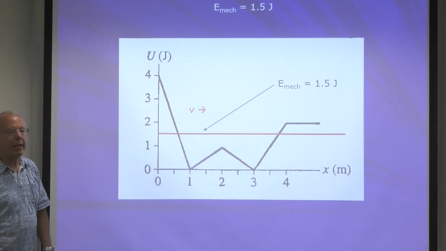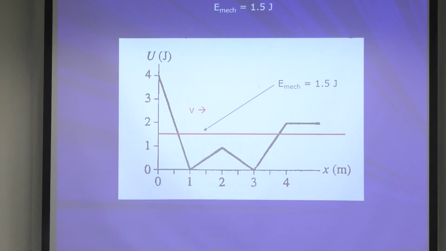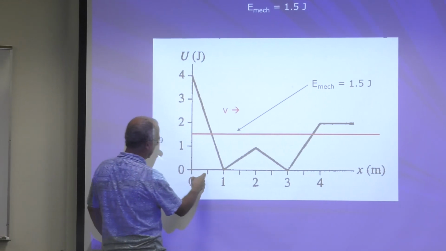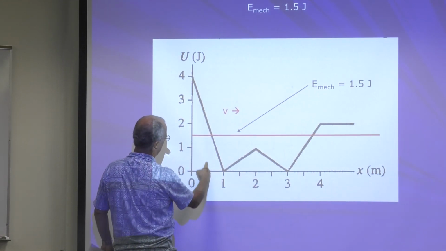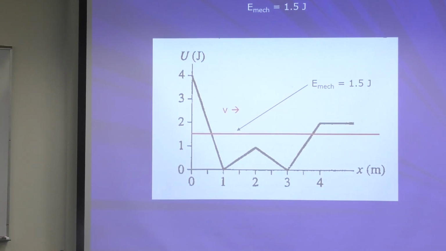Are there any forbidden regions? Are there any forbidden regions? Think about that. Okay, in other words, could the particle exist at x equals 1/2? What do you think? So let's say x equals 0.5 meters. Is that possible? Well, we have E equals K plus U, right?